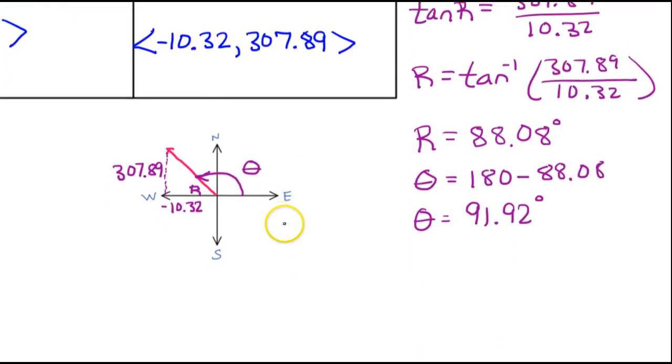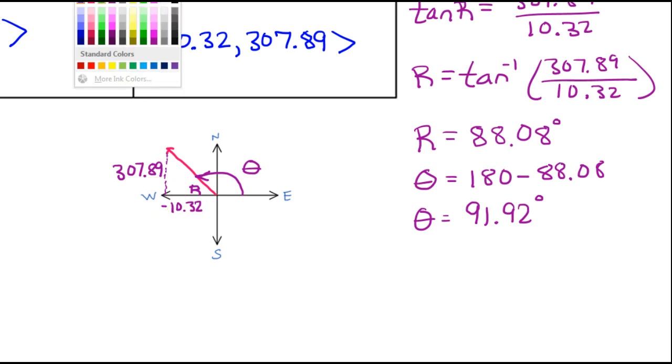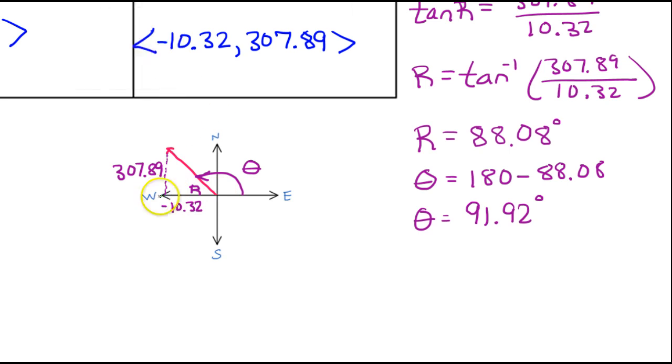But I'm going to try to rewrite this direction using the same type of notation they used in the problem. Okay, so since I already have the measure of angle R, the 88.08 degrees, I'm going to use that. So I could think of the position of this vector as starting from west. Let me use green. Imagine that we start from west and then we turn 88.08 degrees towards the north.